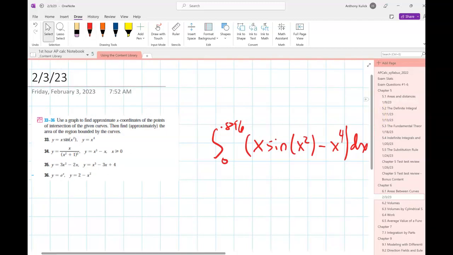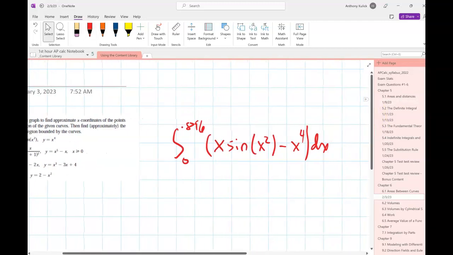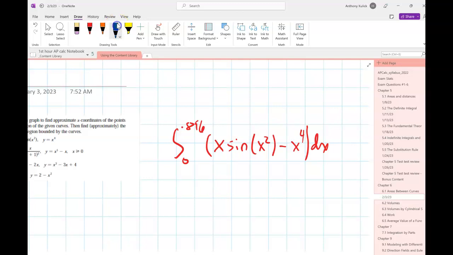And now this is something I can do by hand, right? We can do that integral by hand. Do you guys agree? Yeah. So I'm going to be doing a u substitution in the first one.